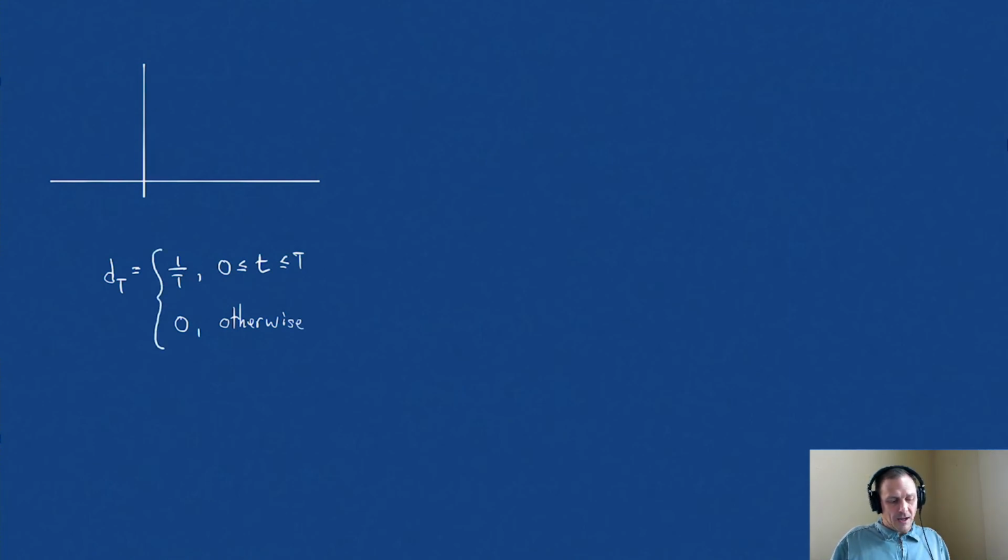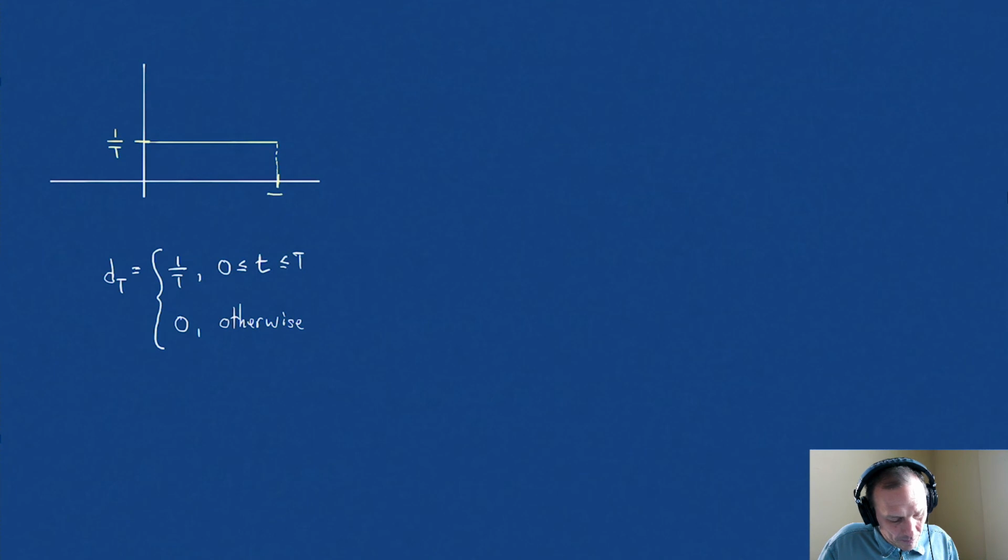So between 0 and T it has a height of 1 over T, and this would be capital T.